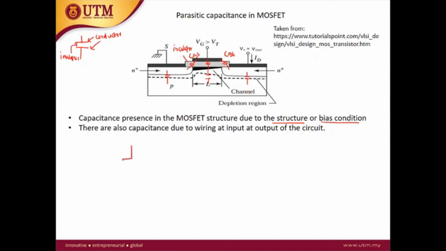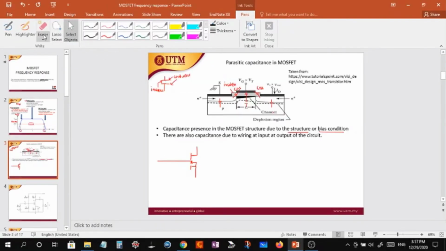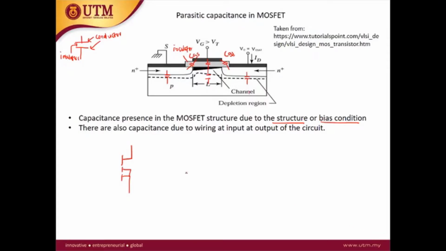Let's say this is the symbol of the MOSFET. This is the drain, this is the source, and this is the gate.